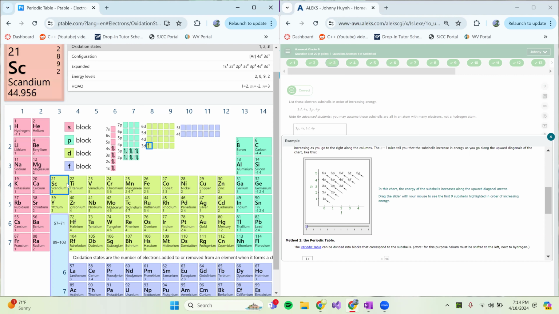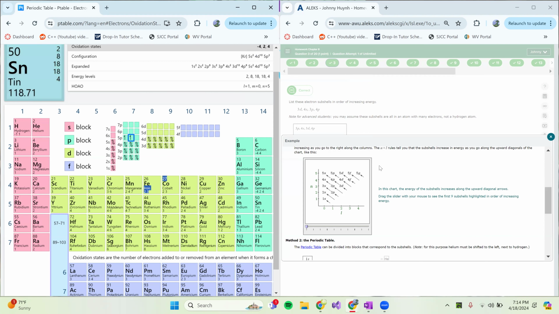Some people might think that 3d has less energy than 4s because of the n energy level, but that's not true. Even though 3d has a lower n quantum number than 4s, it actually has higher energy. So that's just something to keep in mind.